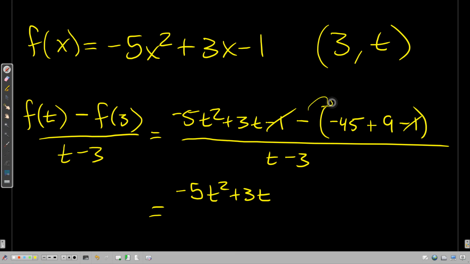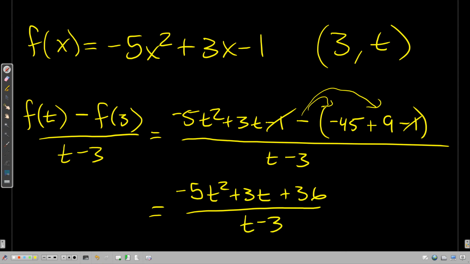You distribute the negative, you're going to end up with a positive 45 minus 9. Okay, so that's just the same thing as 35 plus 1, so it's 36. And then it's over t minus 3.